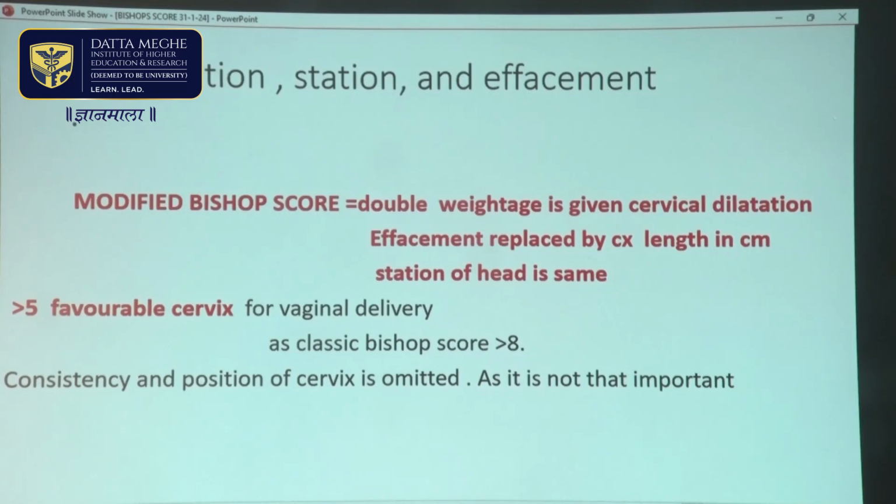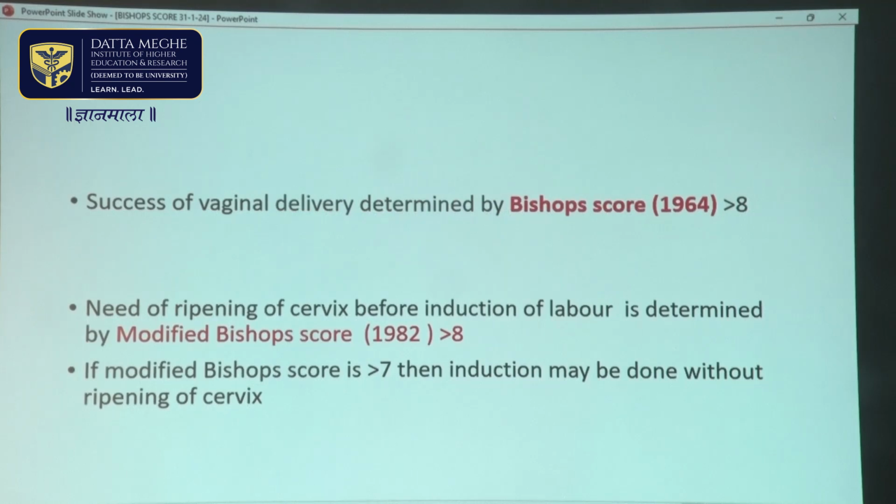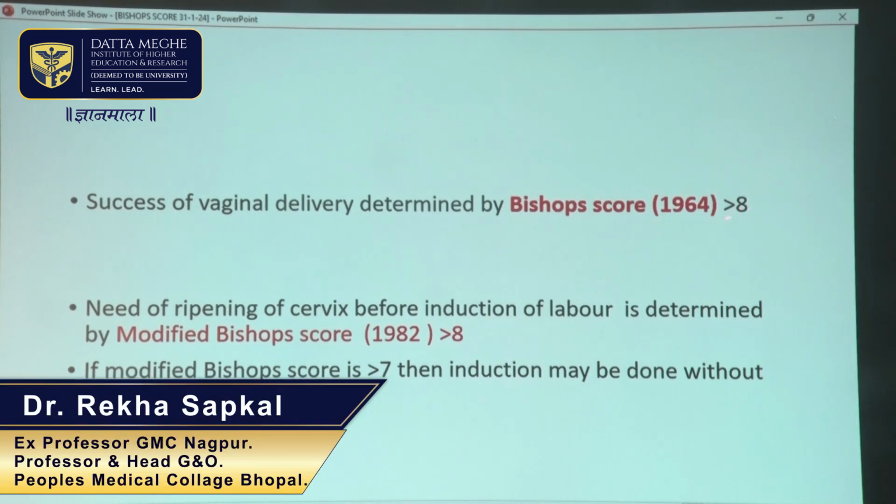In the classic Bishop score, more than 8 is favorable. As consistency and position have been omitted, consider 8 instead of 5 for a favorable cervix. The cutoff value for the Bishop score is more than 8.